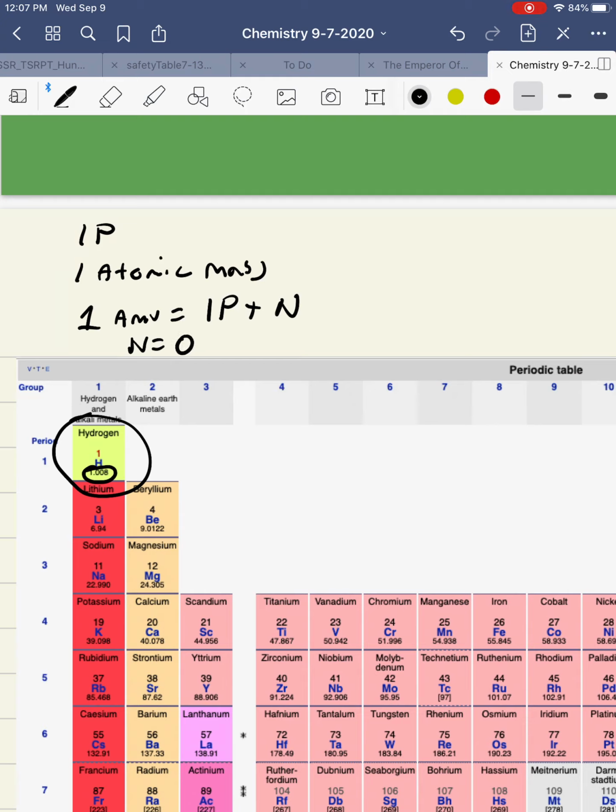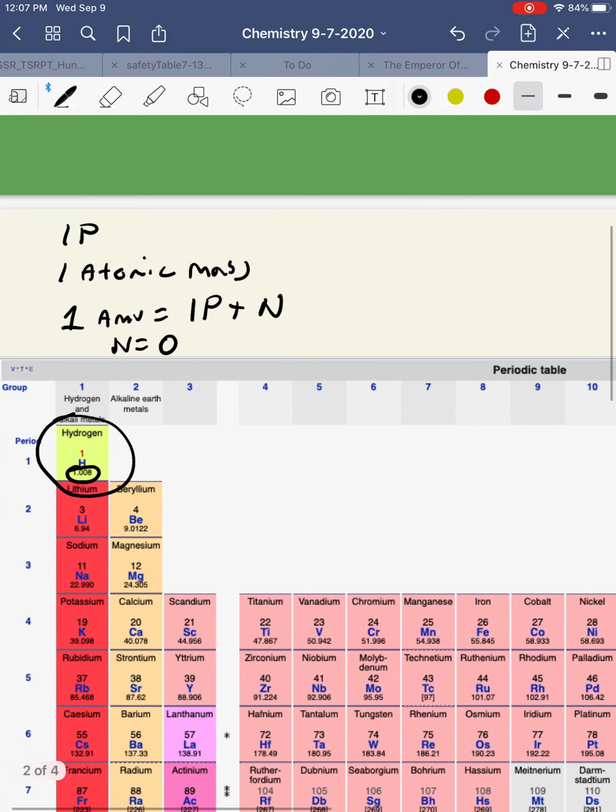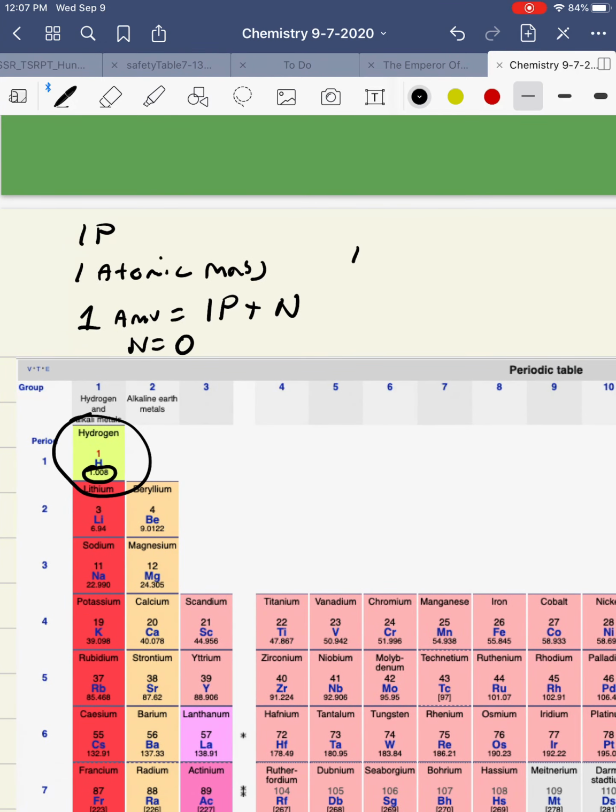So hydrogen actually has 0 neutrons. So it's got 1 atomic mass, AMU, not the atomic number, don't get that confused. It's got 1 proton, and this is called protium. This is most commonly found on Earth.